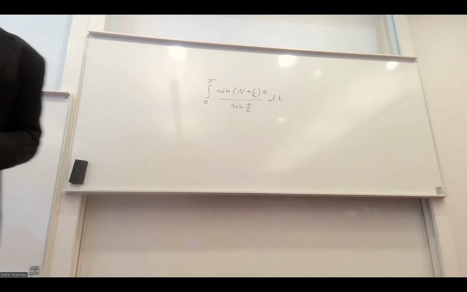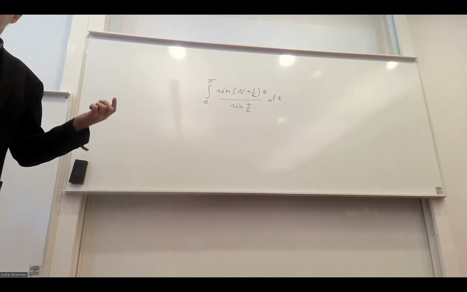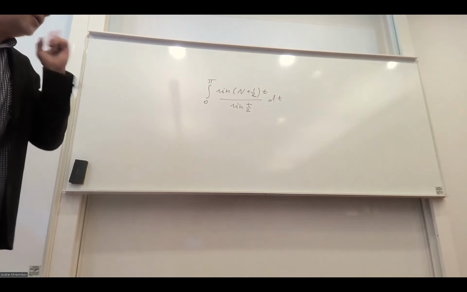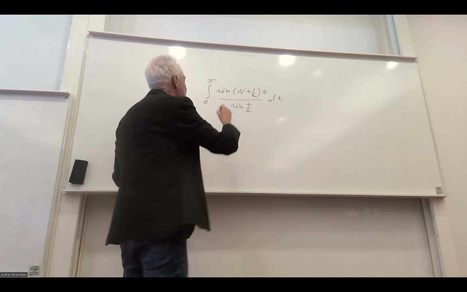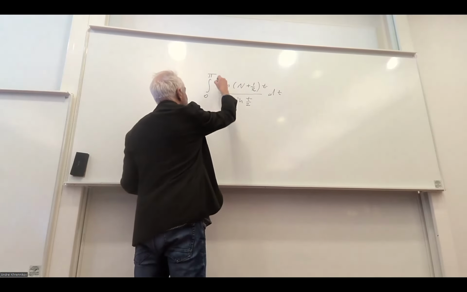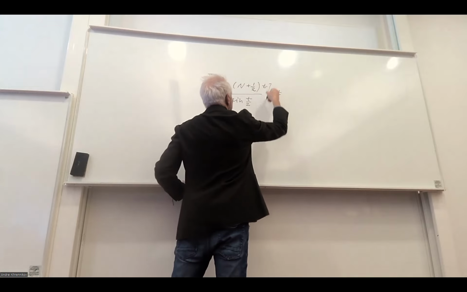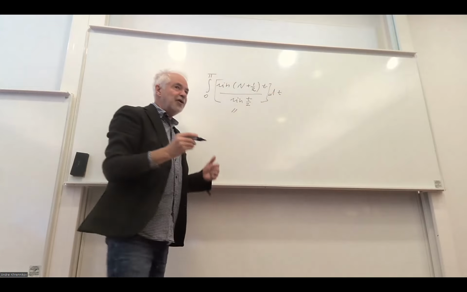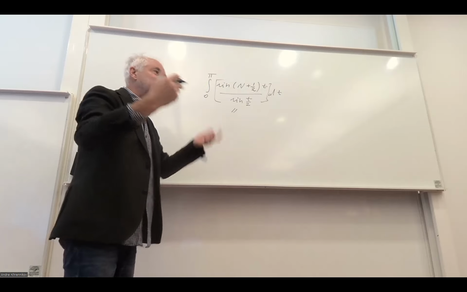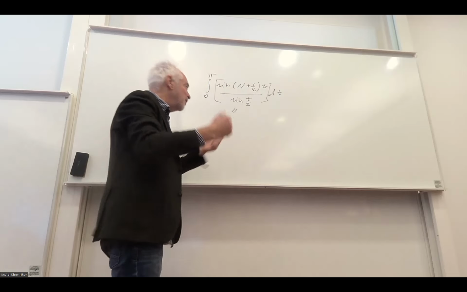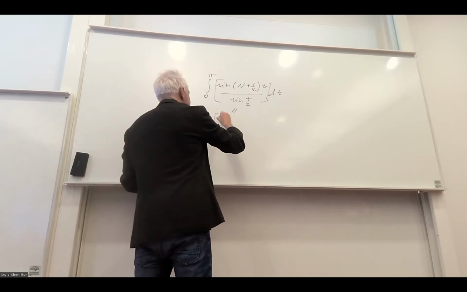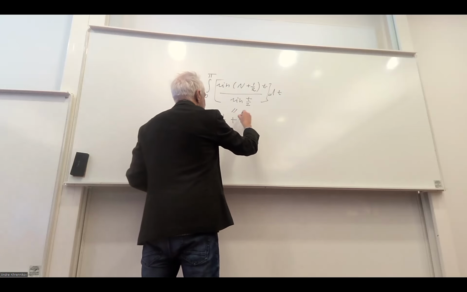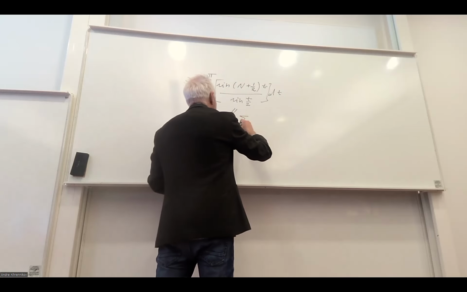In principle, I still do not know how to calculate this terrible integral, but let us remember who this Dirichlet kernel is. It was obtained from the Fourier sum, so we got this by summation of this series.